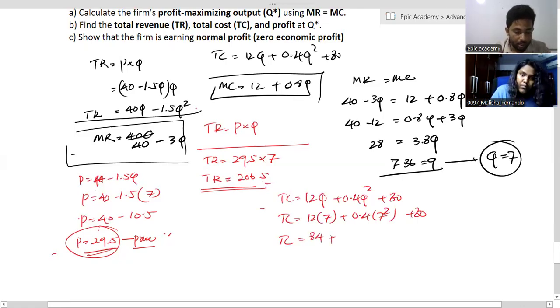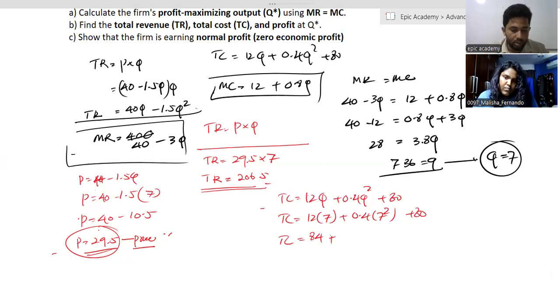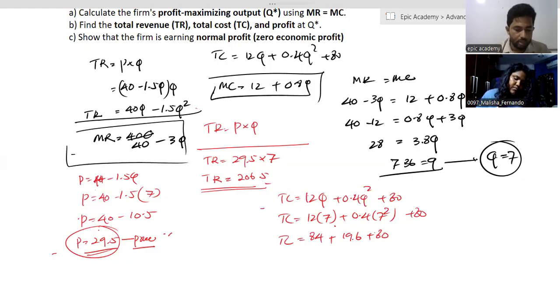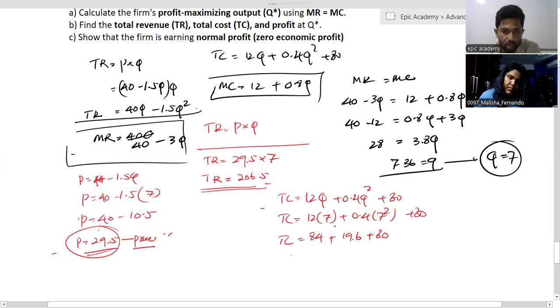The power of 7, it is 49. 49 multiplied by 0.4 is 19.6. So 84 plus 19.6 plus 80, total cost becomes 183.6, isn't it? Yes.